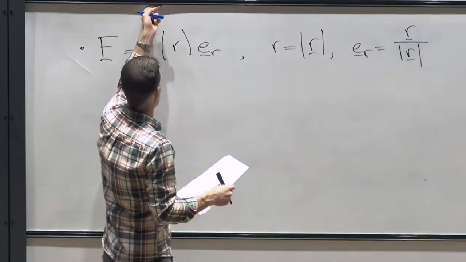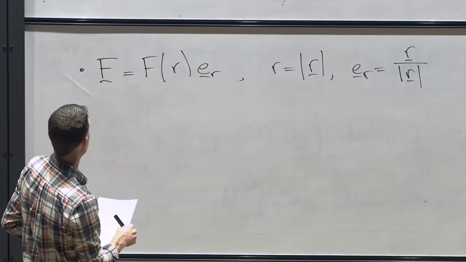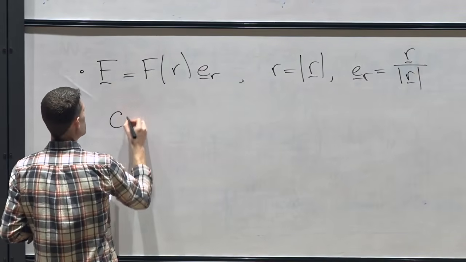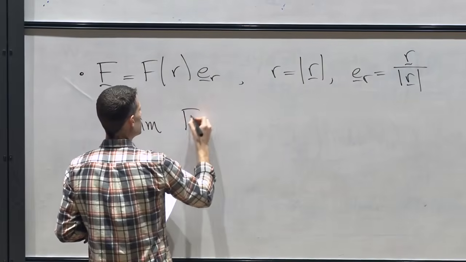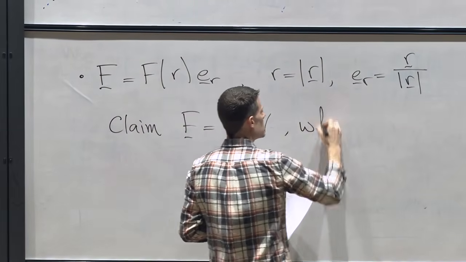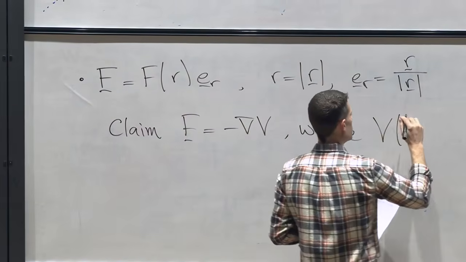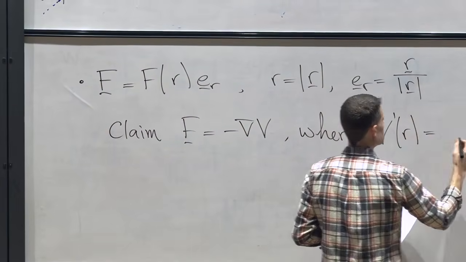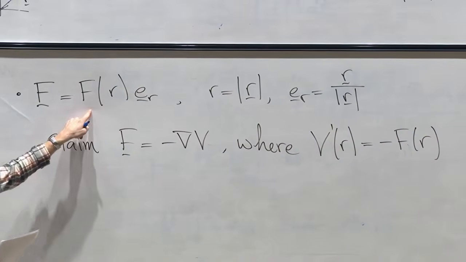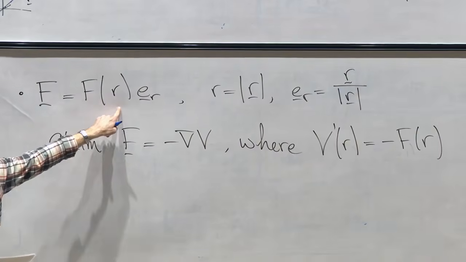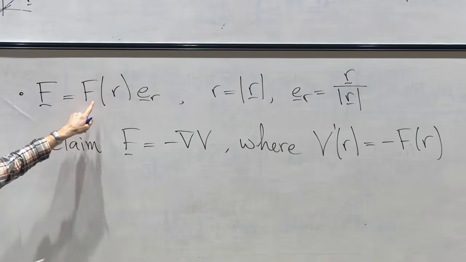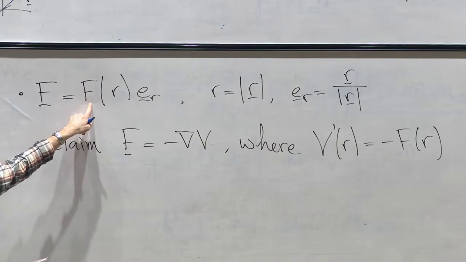Okay? So my claim is that since my vector is defined via this scalar function of the position, I get a potential energy by finding minus the antiderivative of that scalar function.